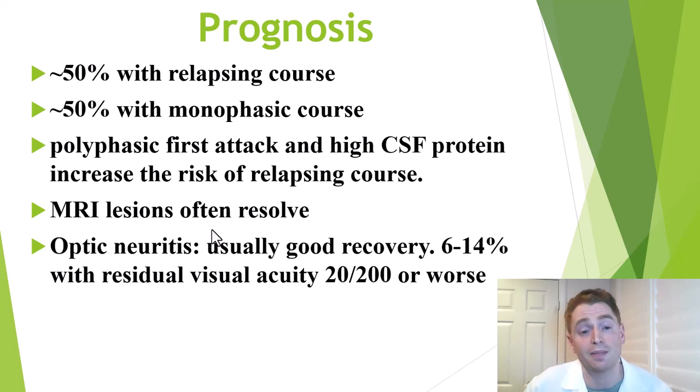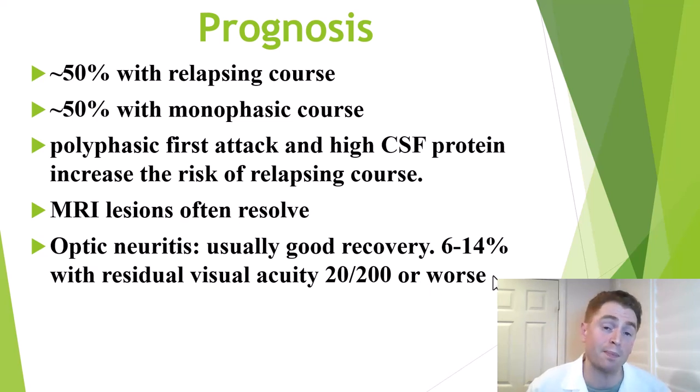Now, the most common symptom is optic neuritis, and often the recovery is good, especially compared to people who test positive for the anti-aquaporin 4 antibody. Based on some observational studies, only 6 to 14% have legal blindness after optic neuritis, in other words, a visual acuity of 20/200 or worse.